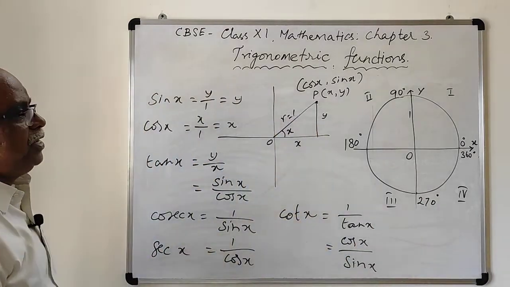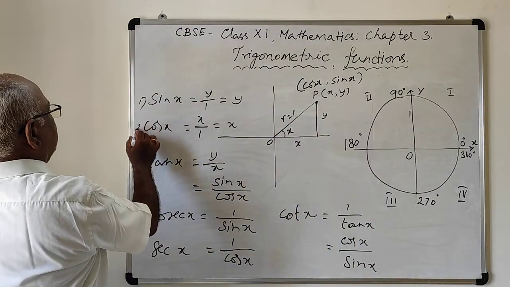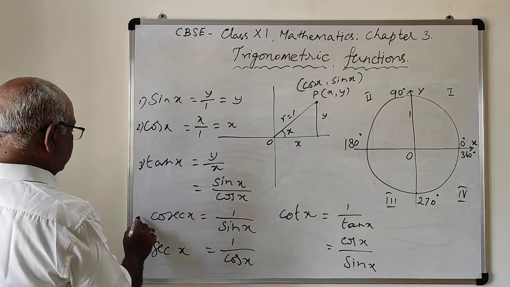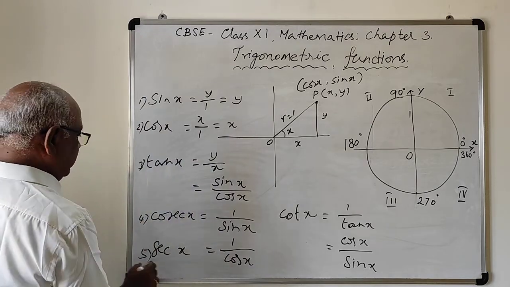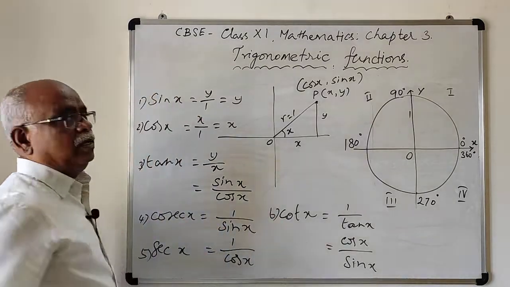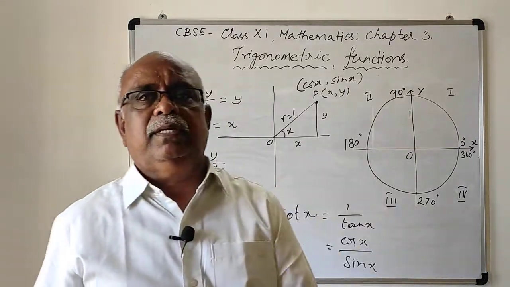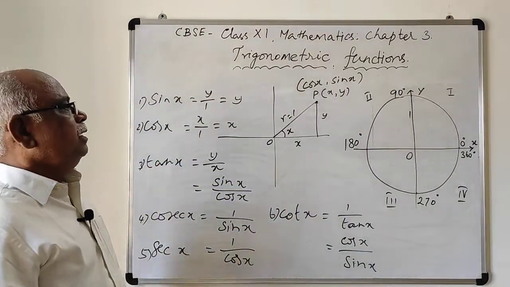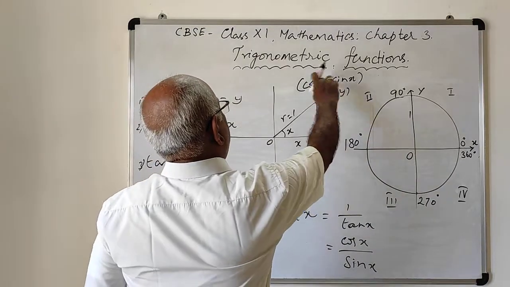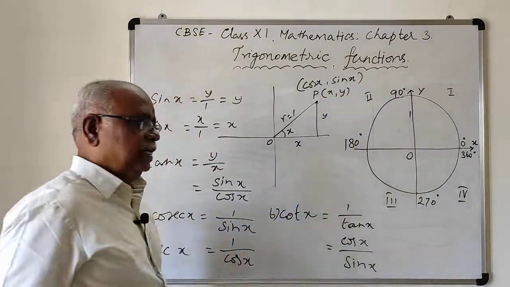So these are the 6 ratios: sin x, cos x, tan x, cosecant x, secant x, and cot x. You remember all these 6 ratios, you have to define like that. The coordinate plane is always represented by x comma y, that is cos x comma sin x.